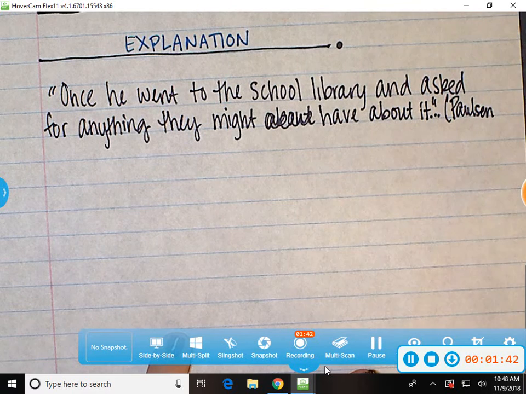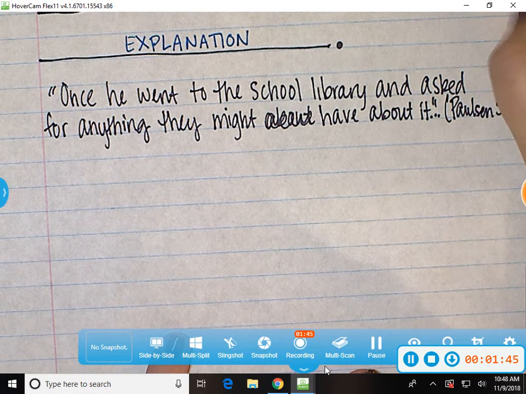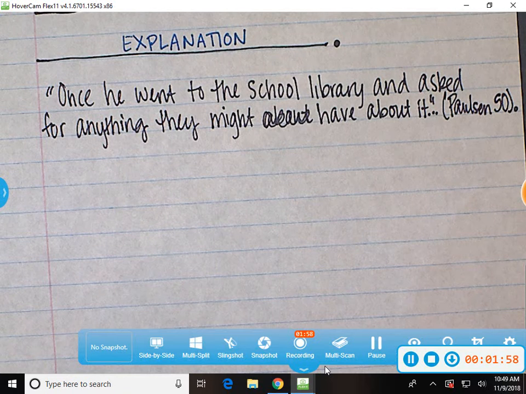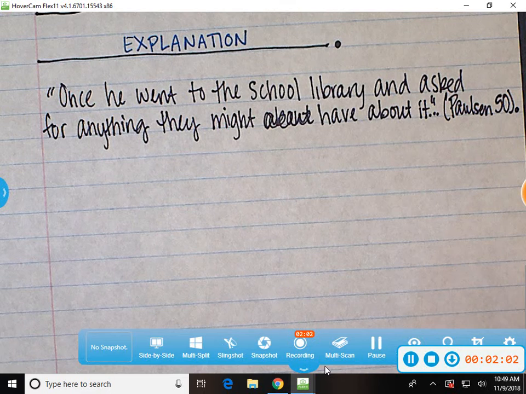Paulson, 50. So we're going to use this quote and our sentence frame to write a dialogue and incident answer.